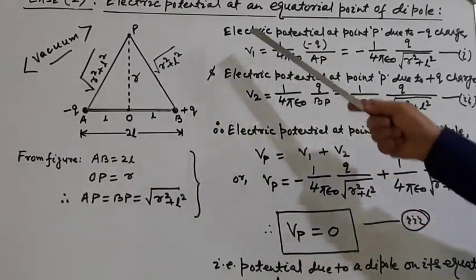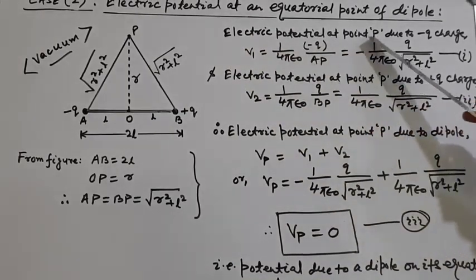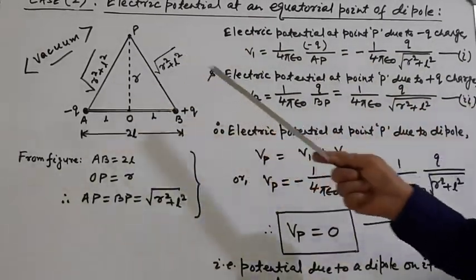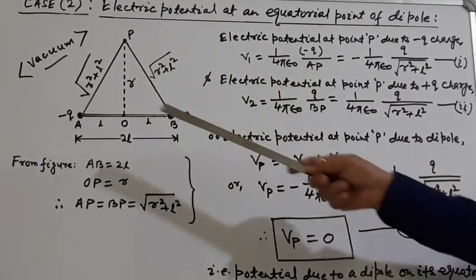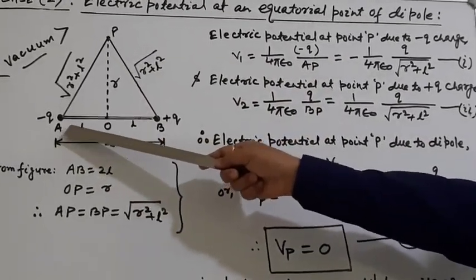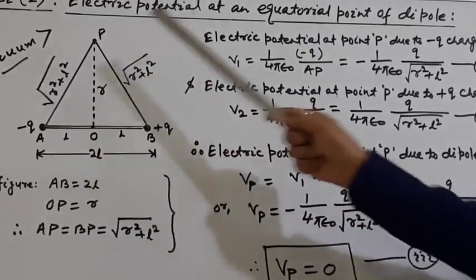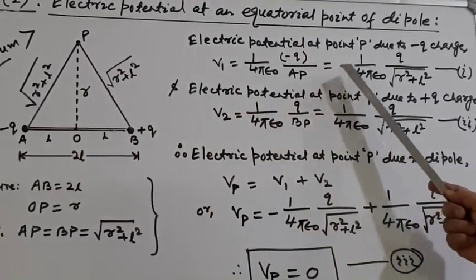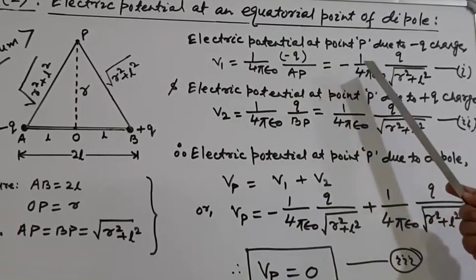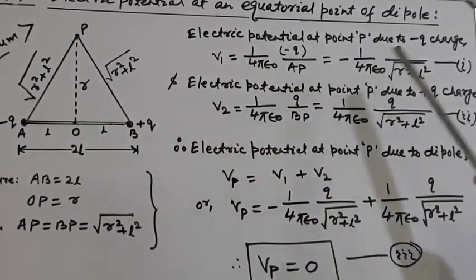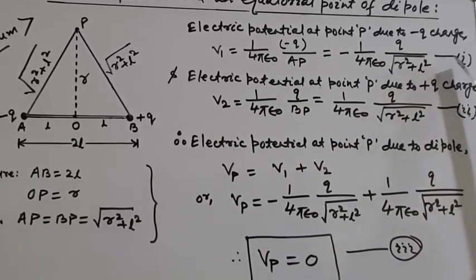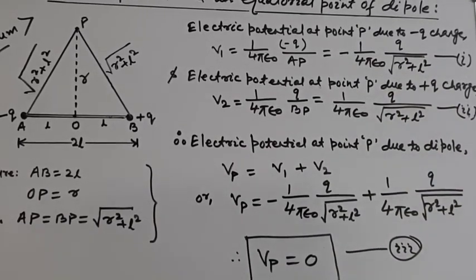So first, the electric potential at P due to minus Q charge. Suppose it is V1, 1 by 4 pi epsilon naught, minus Q by the distance from the charge to that point, AP. Taking the minus out, this is equal to minus 1 by 4 pi epsilon naught Q by AP, where AP is under root R square plus L square. Equation number 1.